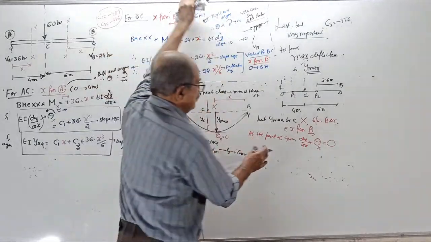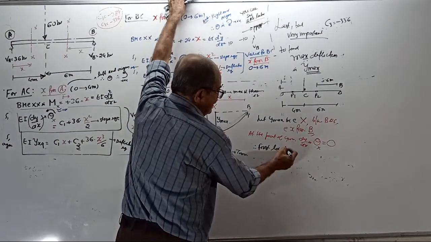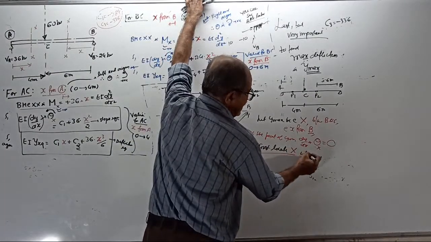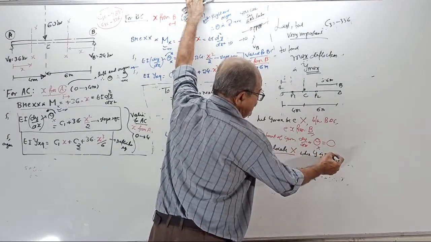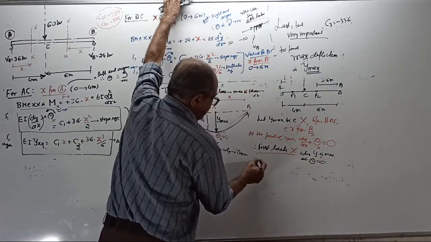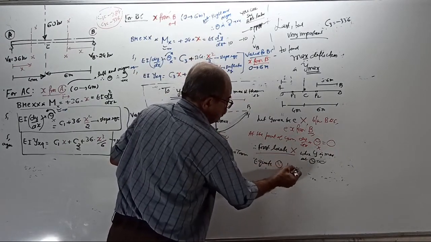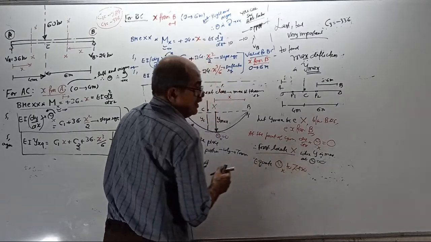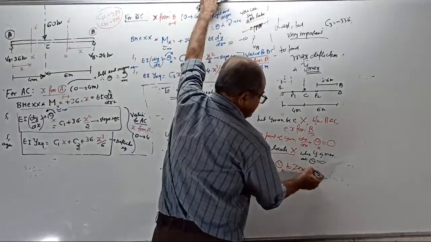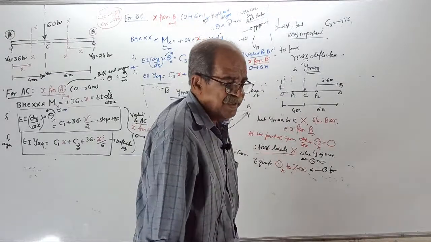Okay, start. Now, therefore, first locate the point x, where y is maximum and also theta is 0. What do you do? Equate theta x to 0. Tell me, in the expression for theta for which portion, AC or BC?